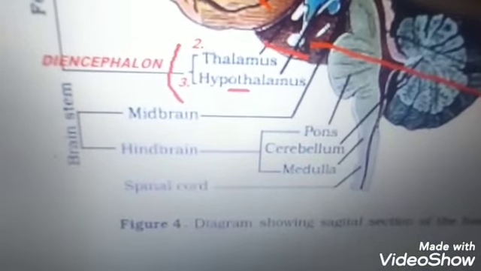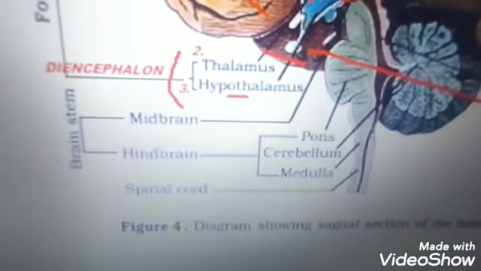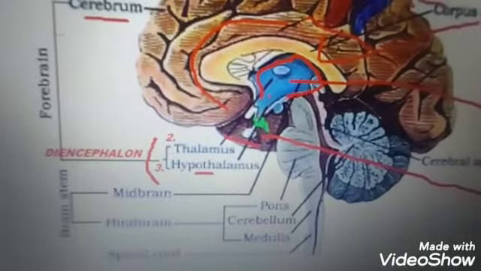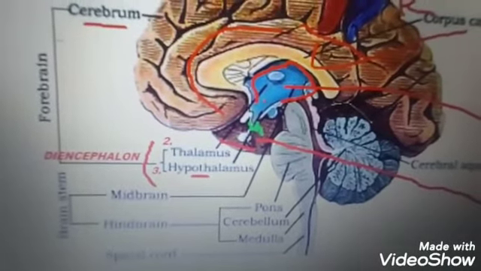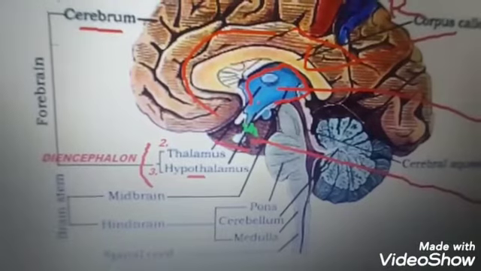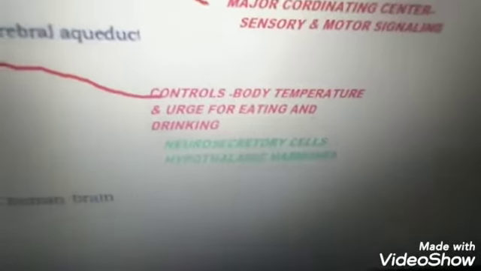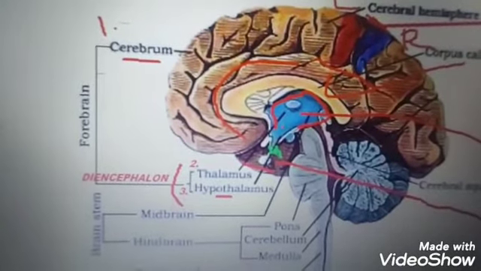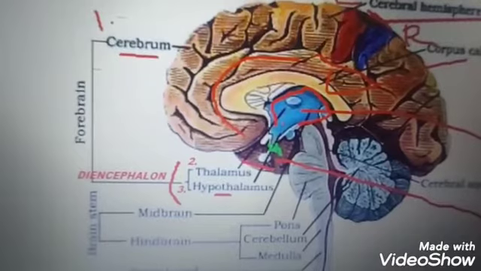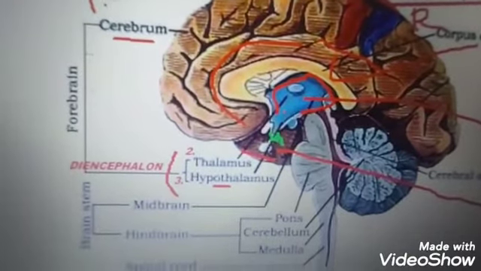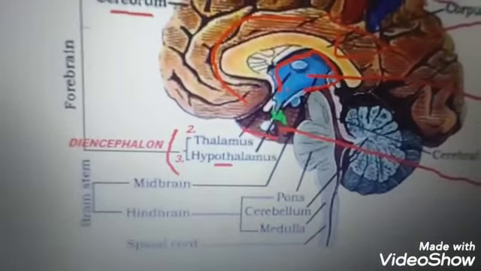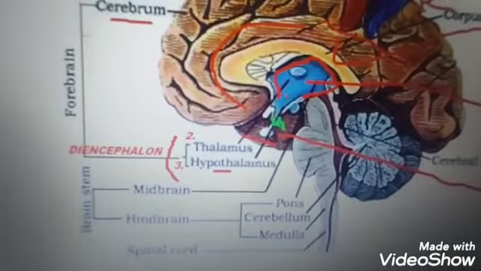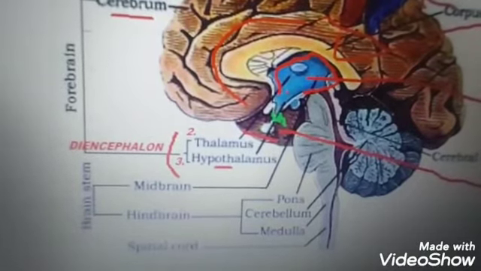The hypothalamus contains neurosecretory cells which secrete hypothalamic hormones. So let's revise. The forebrain consists of cerebrum, thalamus and hypothalamus. The thalamus and the hypothalamus are known as diencephalon.